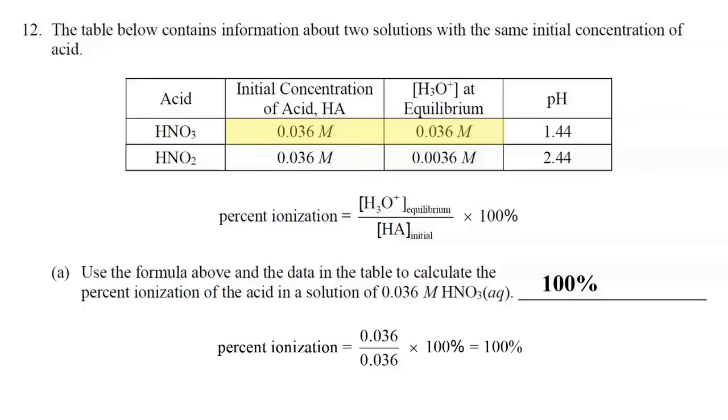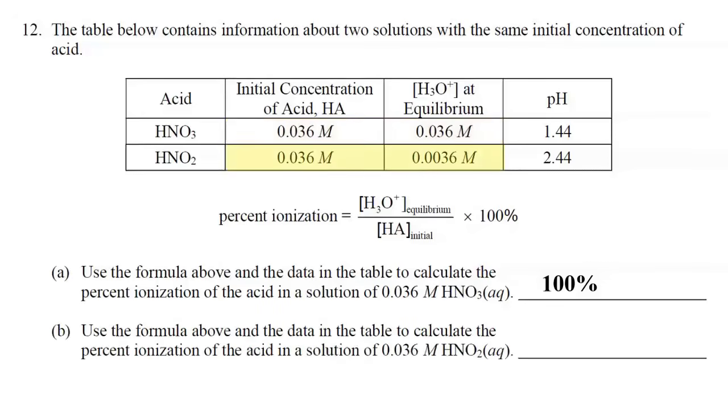So what's happening with HNO2 is something different. Use the formula above for the percent ionization of the acid to calculate the percent ionization for 0.036 molar HNO2. HNO2 is not a strong acid. It's called nitrous acid, and you can tell it's a weak acid. Take a look.